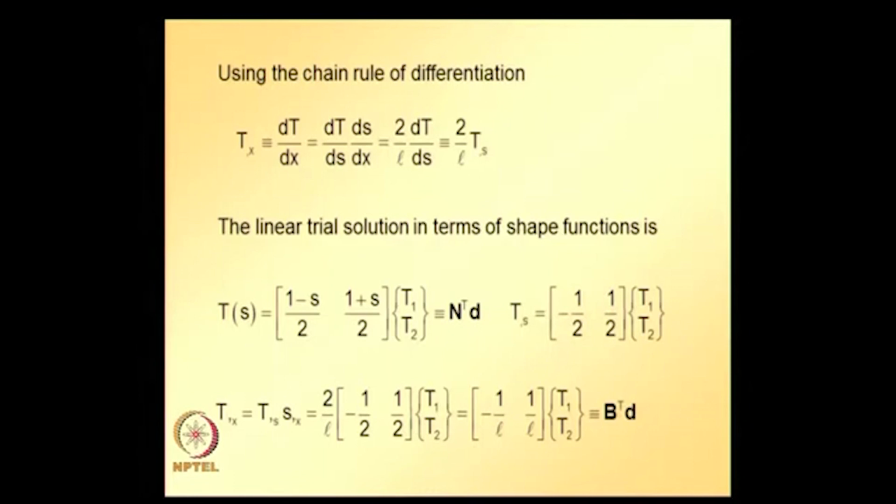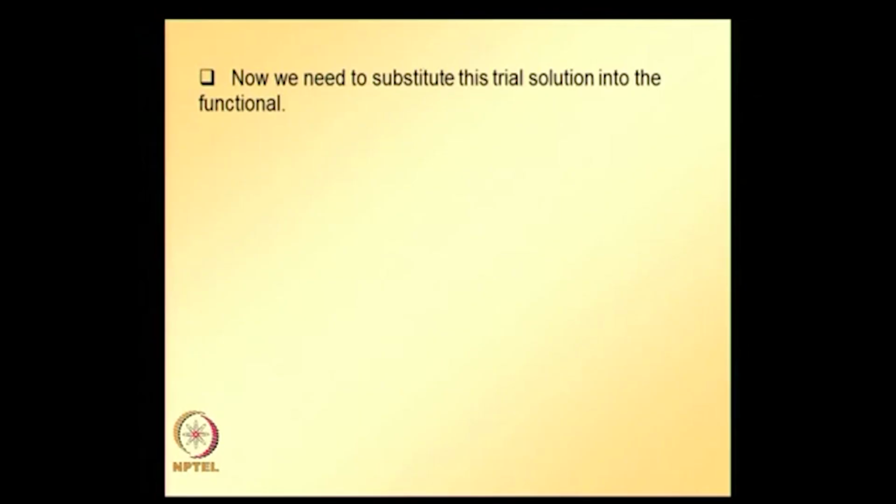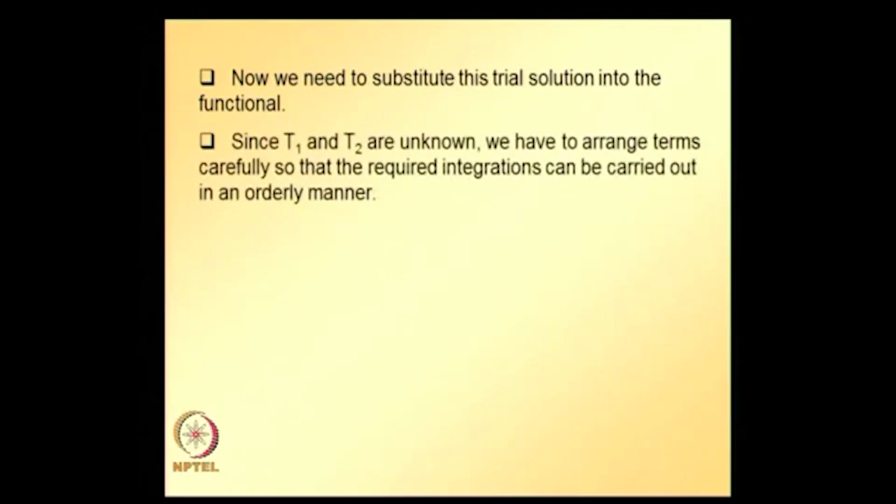So we need to substitute this trial solution and its derivative into the functional. Since T1, T2 are unknown, we have to arrange the terms carefully so that the required integrations can be carried out in an orderly manner.